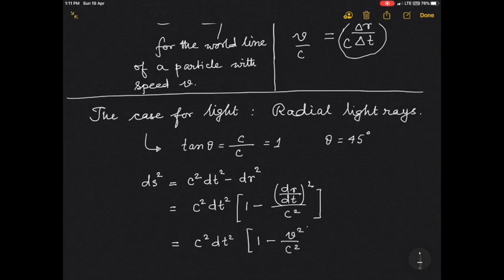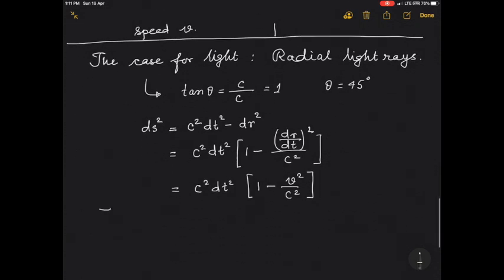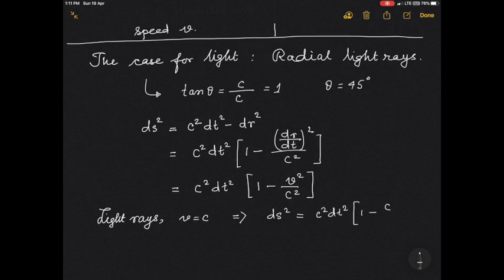But let's write first v square by c square, and you immediately see that for light rays v is nothing but c. That implies ds square is c square dt square times 1 minus c square by c square, which is essentially 0.